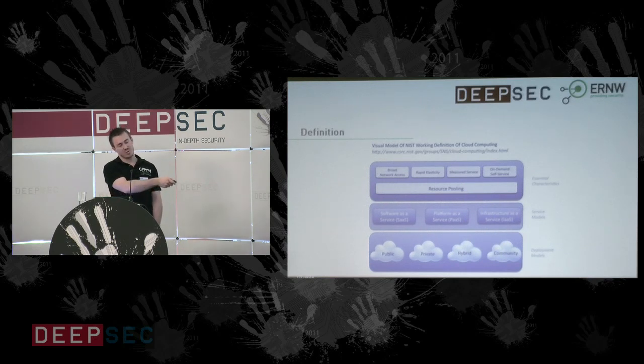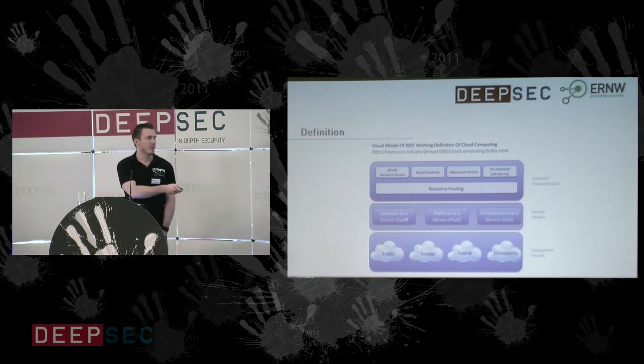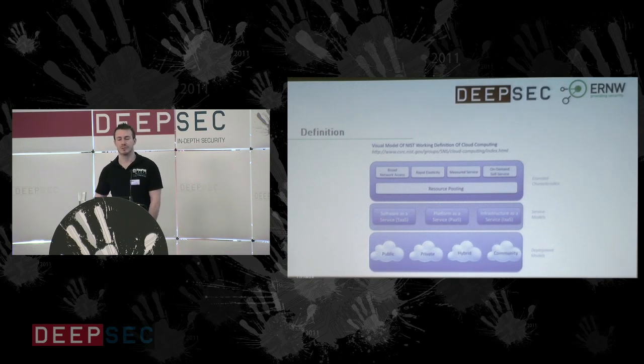This is an important fact usually. Actually, this layer is layered by itself. So any platform as a service cloud service provider uses infrastructure as a service services to host his offering. And all software as a service, or most software as a service offerings are based on platform as a service, which again is based on infrastructure as a service.